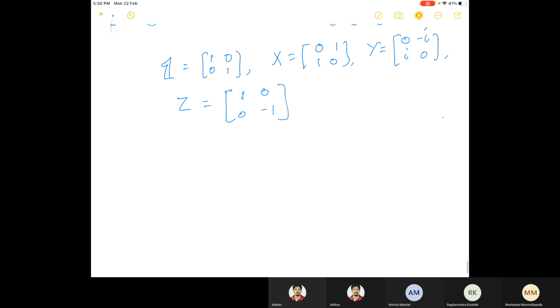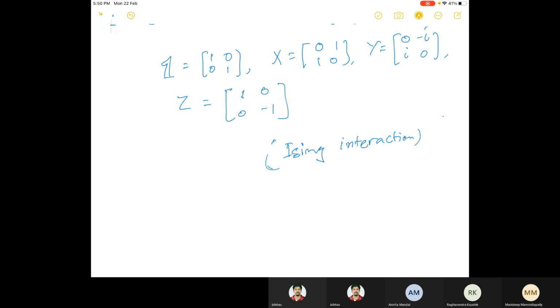Not only that, when you talk about physics, I will not discuss what it is, but there are some Hamiltonians that appear when there is some kind of interaction between qubits. One is called Ising interaction. If you have not done this, the Hamiltonian which realizes it is like this: Z1 Z2.